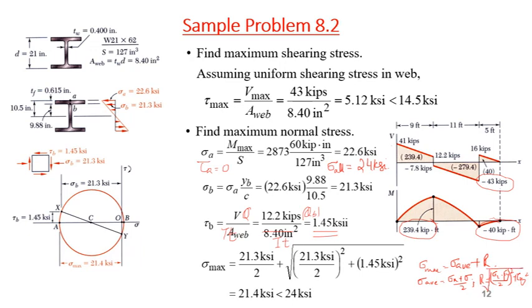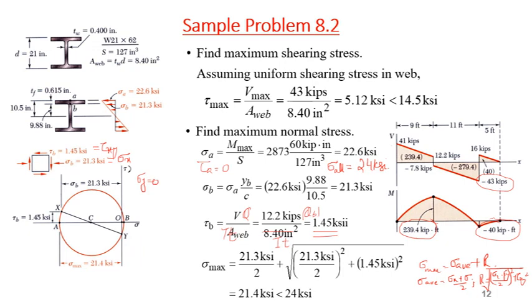Okay, now over here sigma x is minus 23, tau xy, and sigma y let's take as 0.